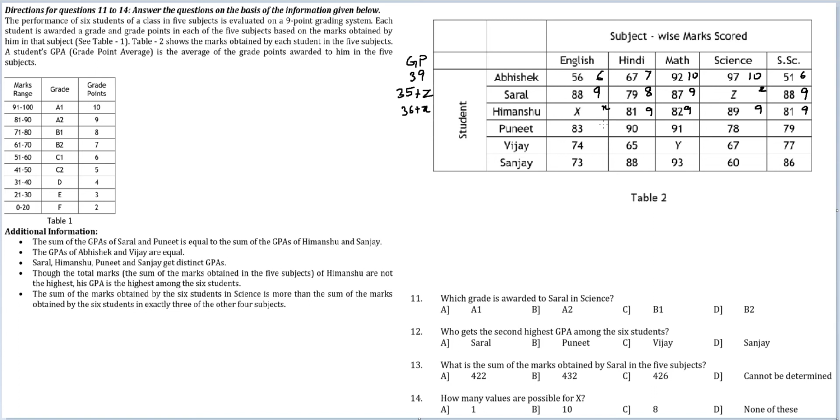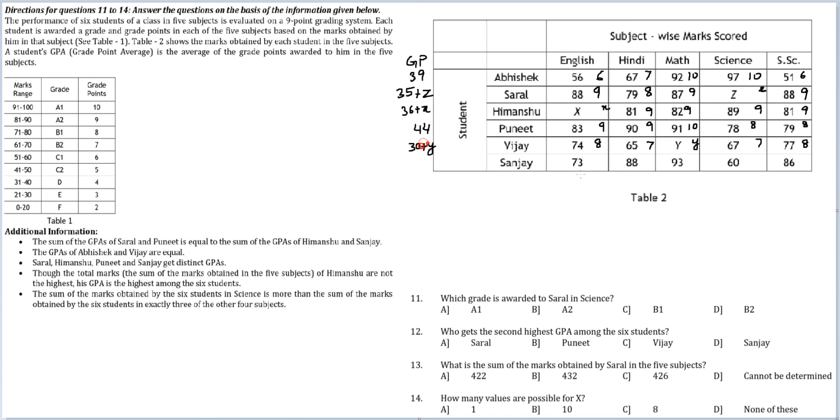For Puneet, it is 9, 9, 10, 8 and 8. So you get 44 here for Puneet. For Vijay, it is 8, 7, small y, 67 is 7, 77 is 8, so 8, 7, 8, 7, you get 30 plus y here for Vijay.